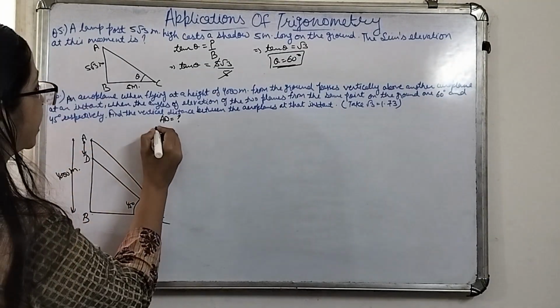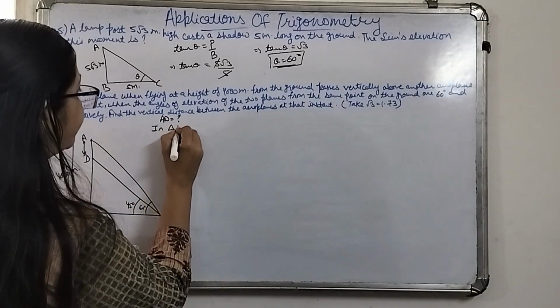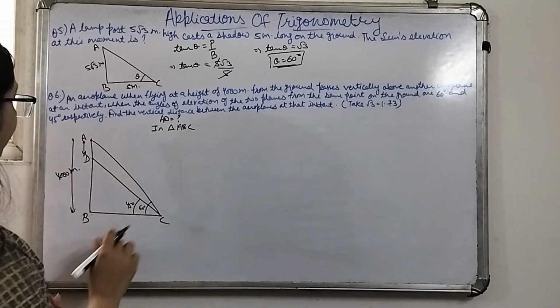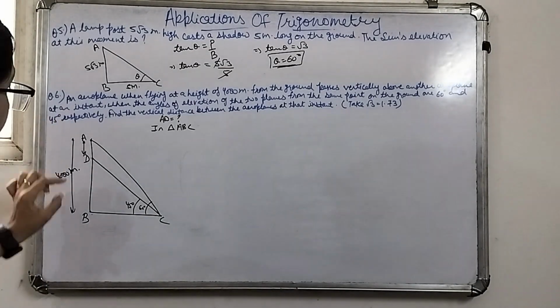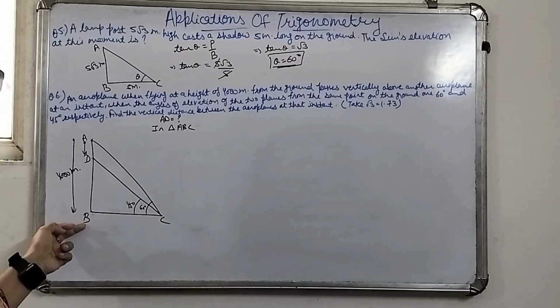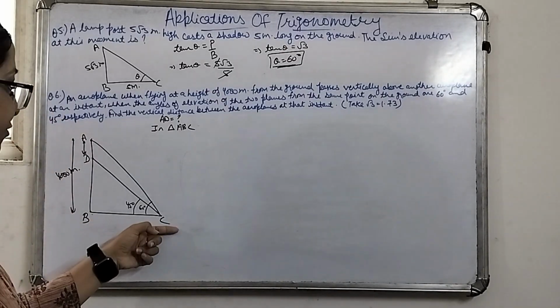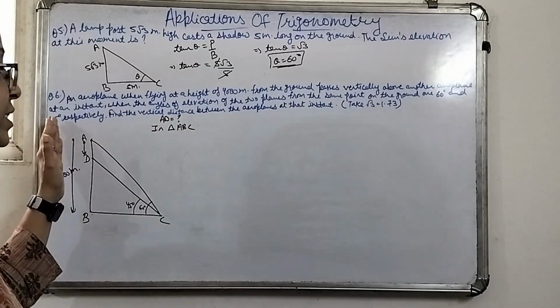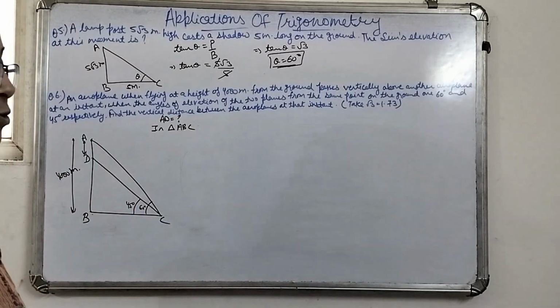First of all, we consider triangle ABC. Why this triangle first? Because we have the value of AB. But if we take triangle DBC, we don't know the value of DB right now. That's the reason we consider triangle ABC first, because we know one of its sides, that is 4000, and we also know the angle of elevation.